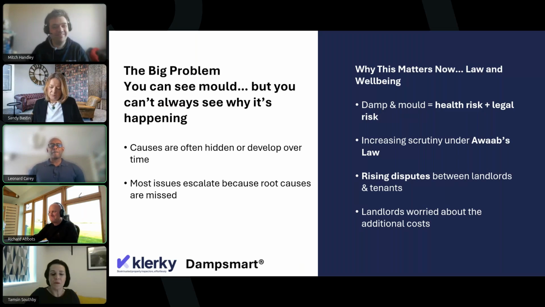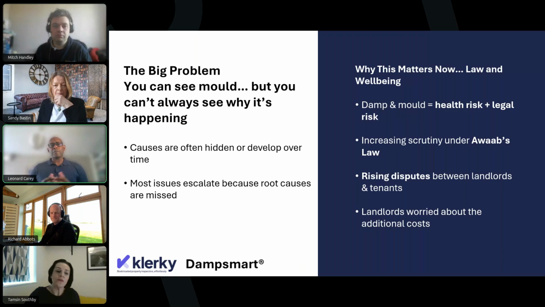So that's good. Just to set the scene, we've created our technology, so it's all about data, understanding the building's physics, and understanding what it is about the building, what it's about the fabric, and what it is about the outside that actually causes these problems. And I think one of the big problems that you often see is people don't really understand.